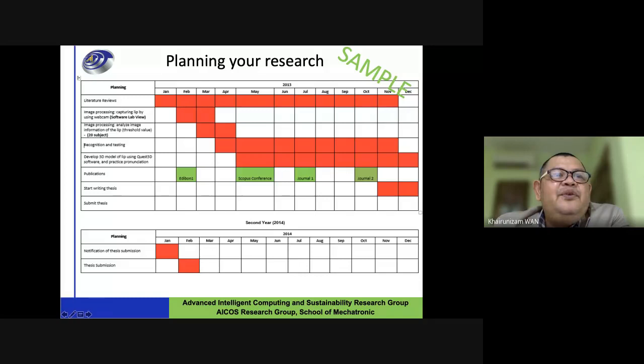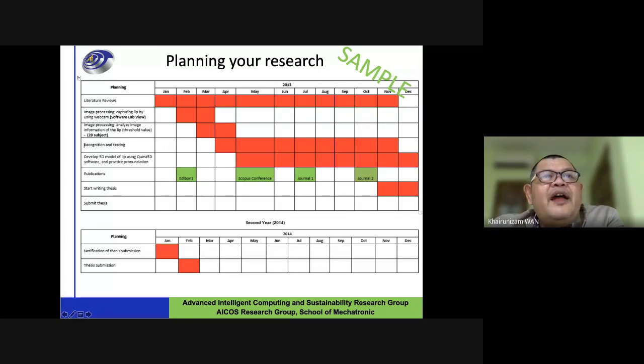Start with literature review, and then because this project relates to image processing, capturing leads by using a webcam, I think this project is related to the identification of lead movement or lead reading by using image processing. Then literature review, image processing, capturing lead by using webcam, analyze image information, recognition and testing, develop a 3D model of lead using Quest 3D, publication, start writing thesis, and thesis.